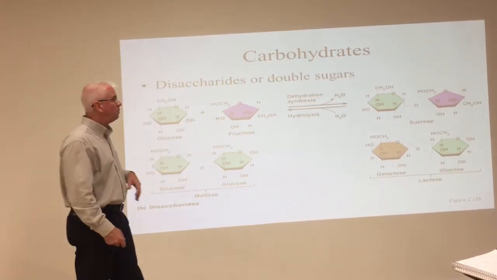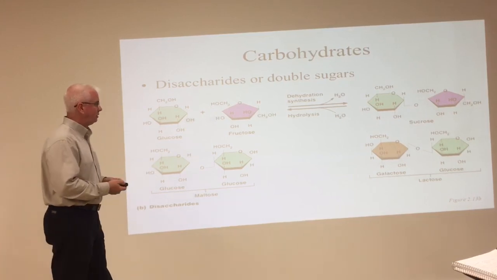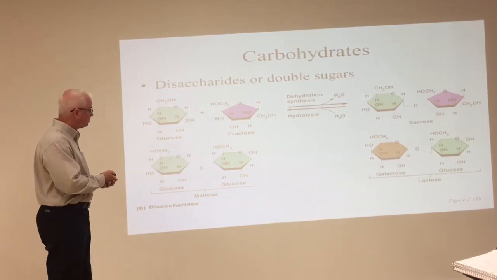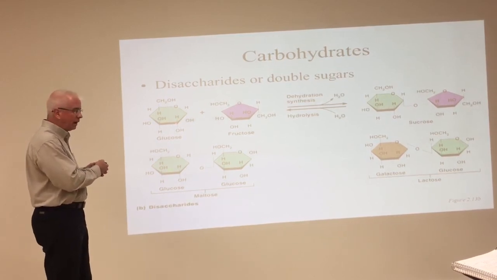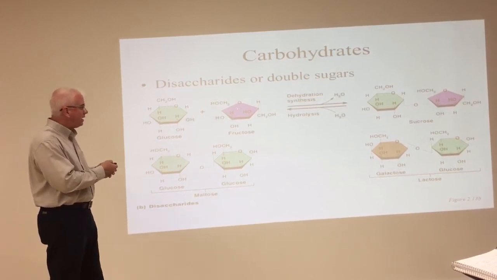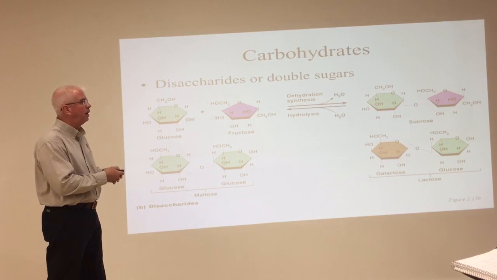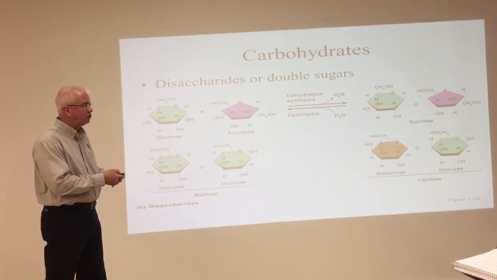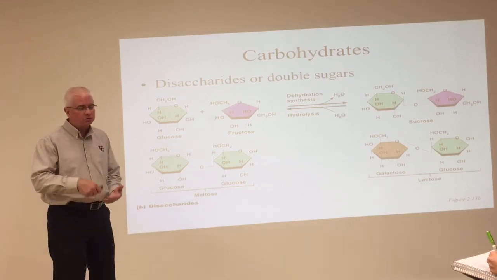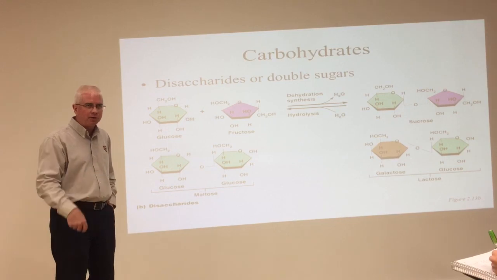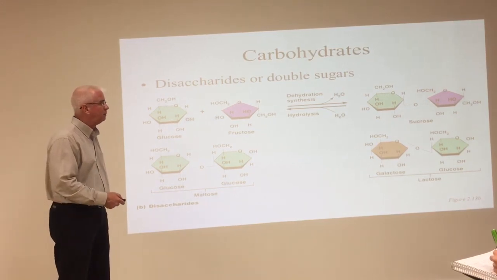Okay? So first on the list here, you can see that glucose as a monosaccharide added to fructose as a monosaccharide forms a sugar disaccharide called sucrose. Very famous sugar, this table sugar. This is stuff that you put in your tea, sucrose. It's a disaccharide.